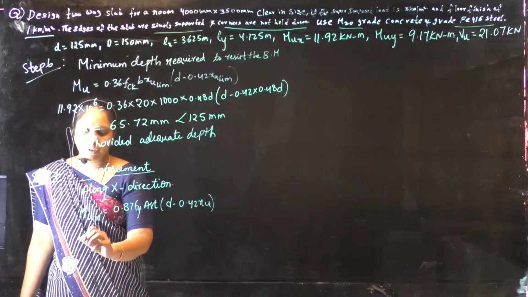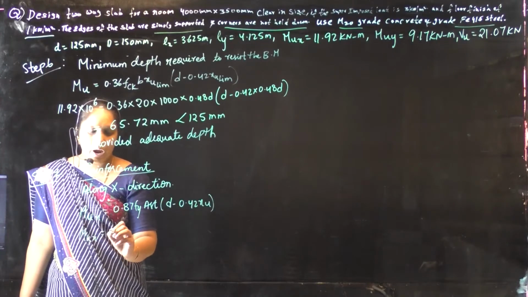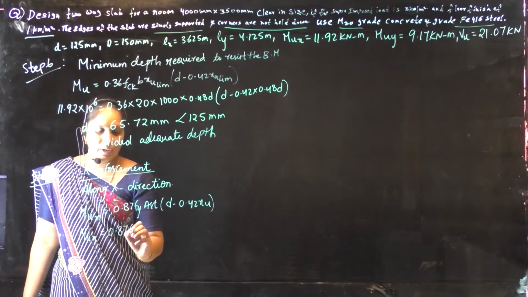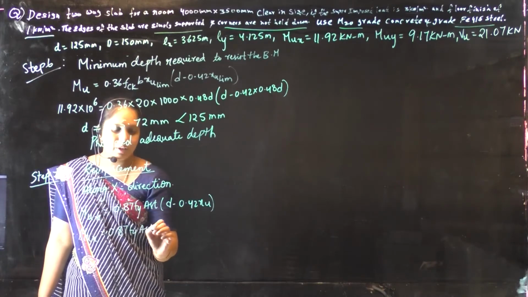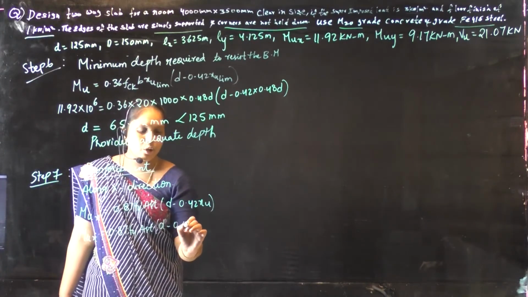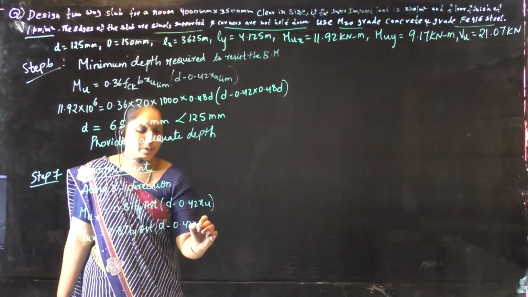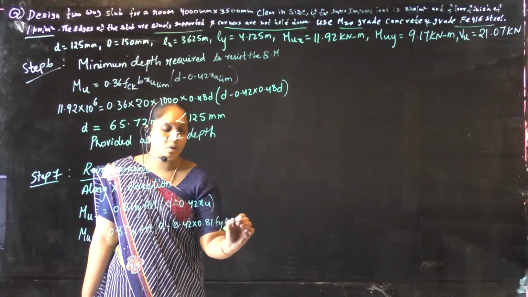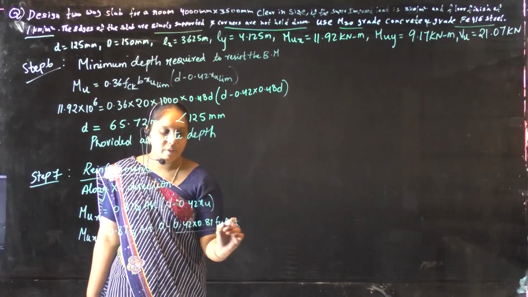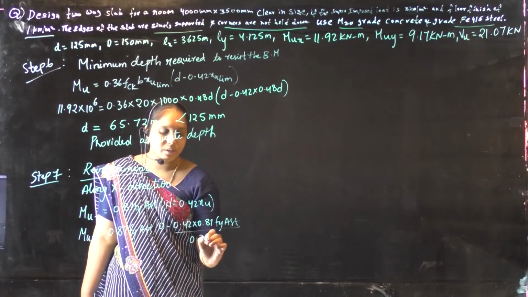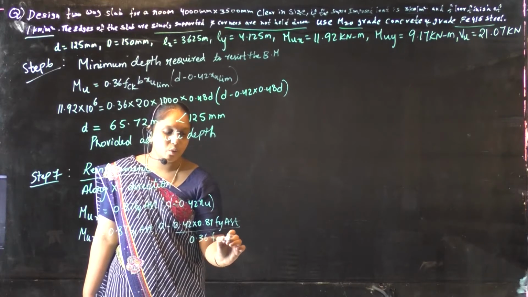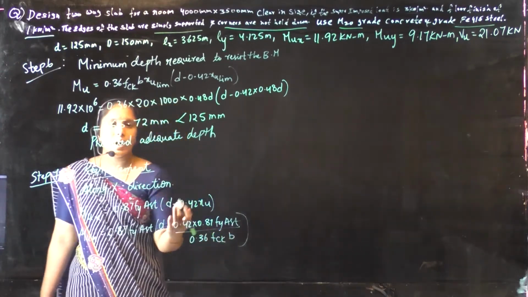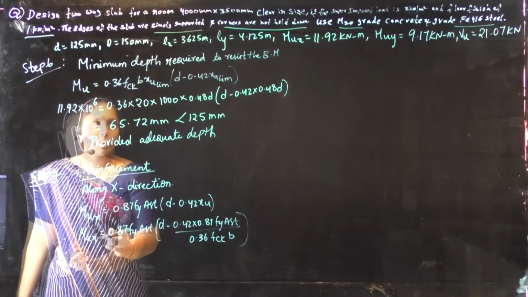So here in place of XU, you have to substitute 0.87 Fy into AST divided by 0.36 FCK into B.